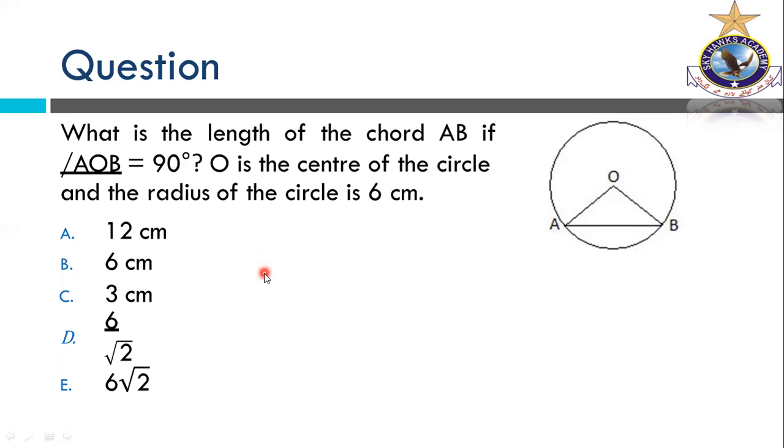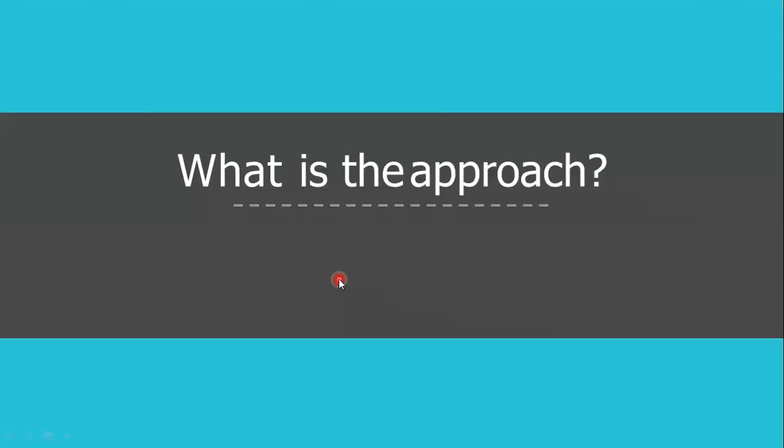Okay, the next slide is about what the approach is. The simple thing is that we are just looking for the correct answer. We will have to select out of those given five answers, so we will have to think about how we should start the problem. After doing some paperwork, we can definitely reach the answer.